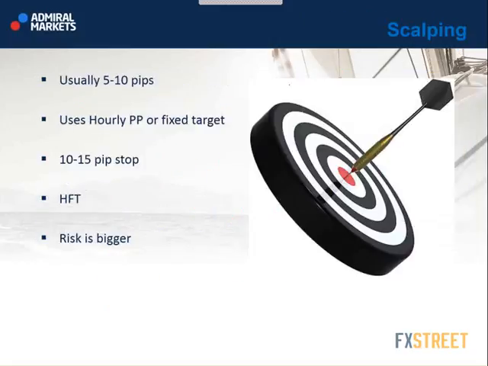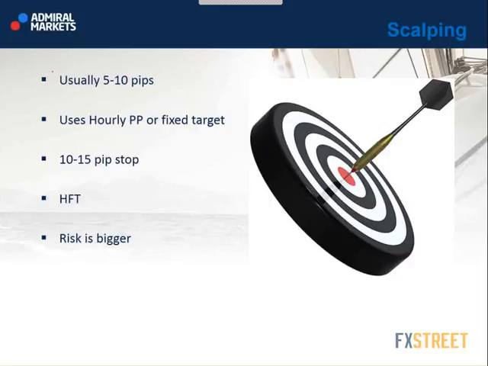Okay? Now when we went through all of these things which are important for scalping and general trading, we can talk about specific scalping rules for turning scalp trades into intraday positions. Now I will talk generally, guys. Scalping is usually 5 to 10 pips.